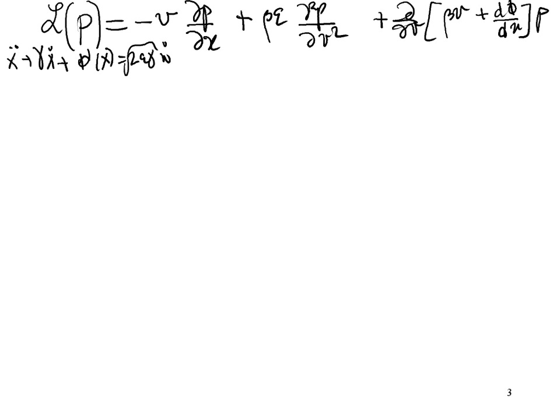And what is interesting with this form is that the operator can always be written as the divergence of the field of the flux, where J here has two components.